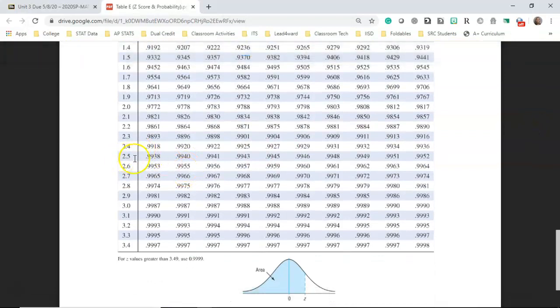So here's 2.50 and then 2.51, and it's telling me that the area or probability is 0.9940. And so you have to stop and ask yourself, well, would that make sense? Did I shade in 99% of the distribution? And we didn't. We only shaded in a small little tiny piece.